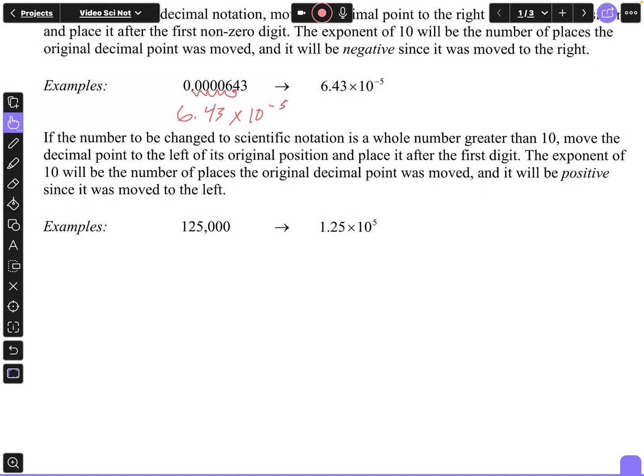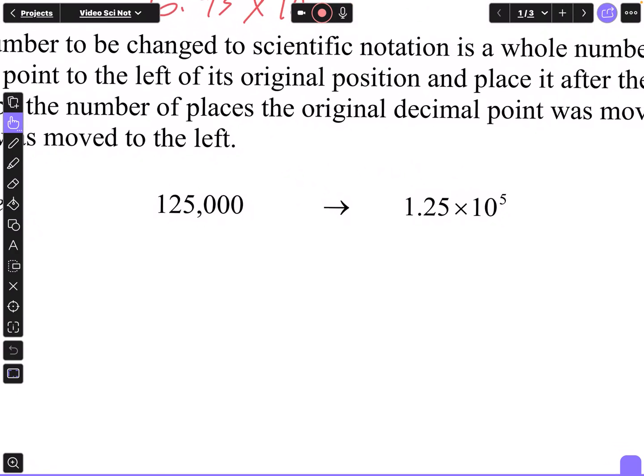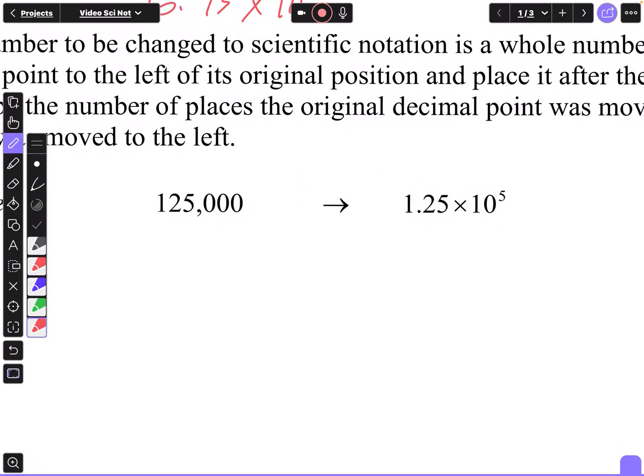So again, if I have this example, I have my decimal would be at the end. Since I don't have one, I need to move to the left to get to a number between 1 and 10. So I move 1, 2, 3, 4, 5. I have to move that many places because 1.25 is between 1 and 10.